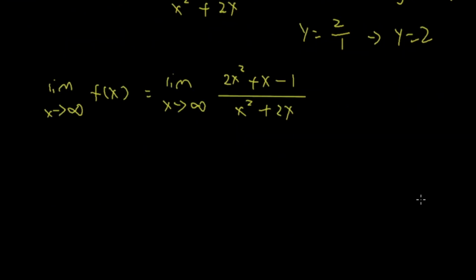Of course, you cannot directly put infinity into x here because you will get infinity squared over infinity squared, something like that, which is what we don't want, okay? The best thing to do is divide the top and the bottom by x squared to get rid of the x squared here. And then we can see the left side is the same.